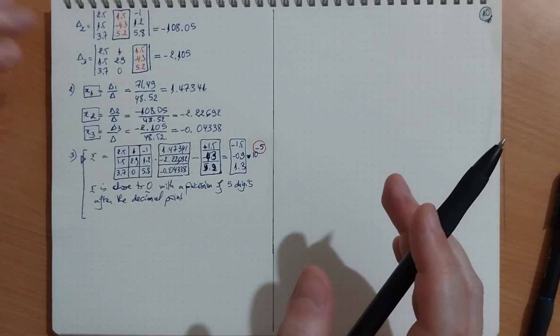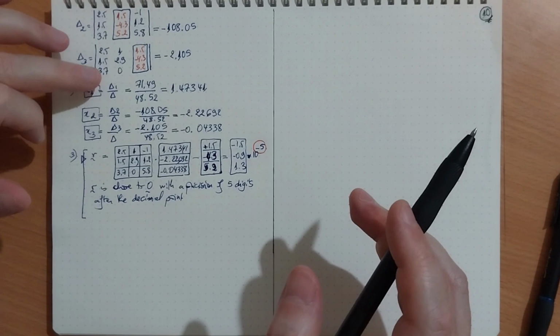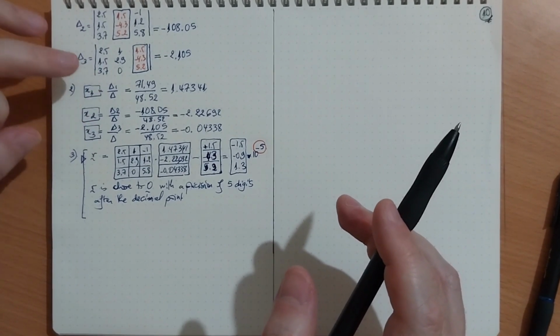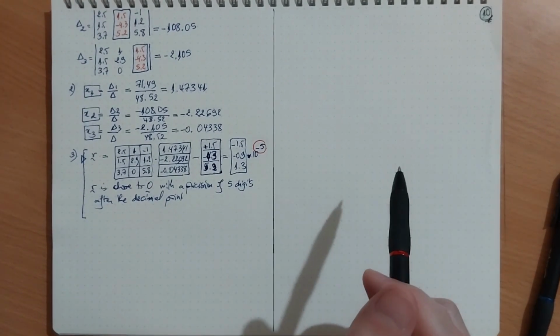In 2 steps, the determinants, and then a new fraction or a ratio, the auxiliary determinants over the determinant of the mother matrix.